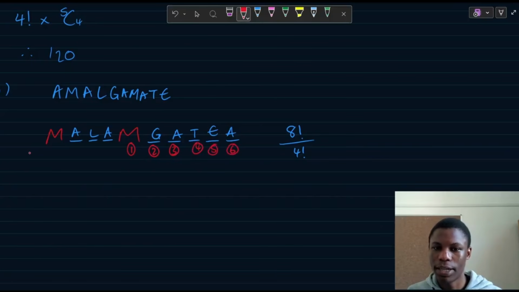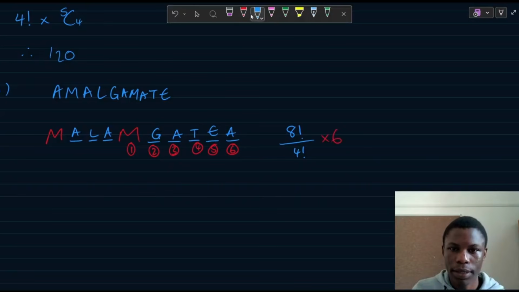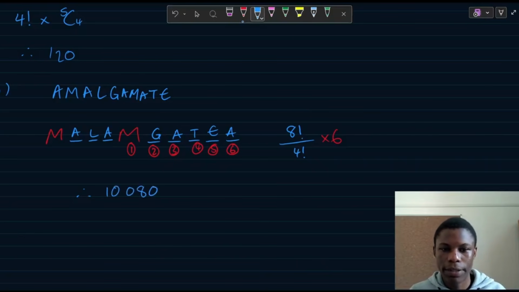Now it's reached the end of the line. So we have to multiply by 6. That gives us 8 factorial over 4 factorial times 6, which is 10,080. And that is the final answer.